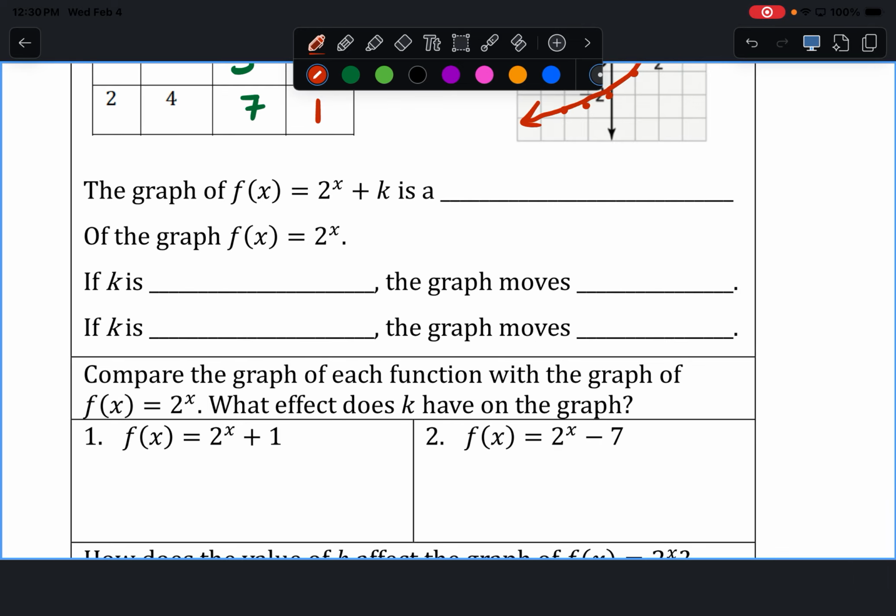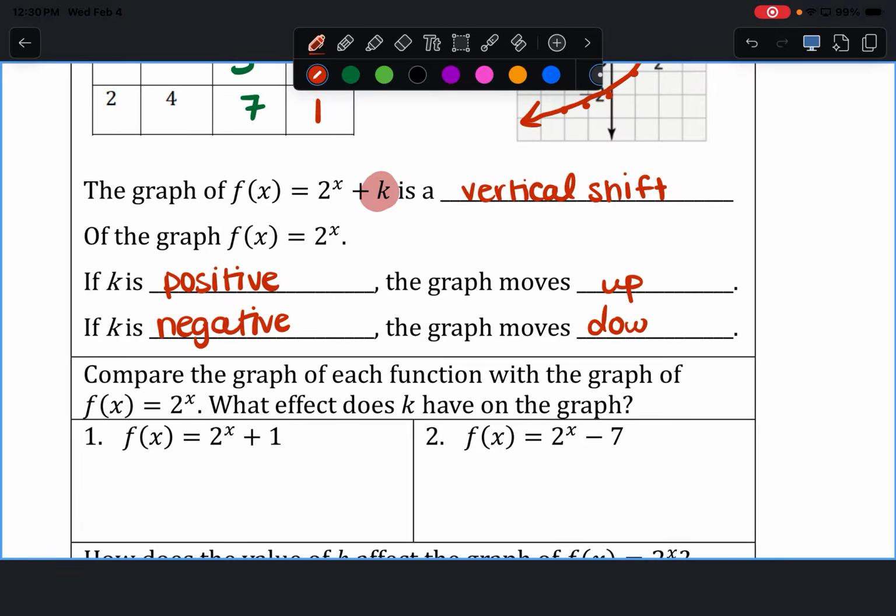So the graph of f of x equals 2 to the power of x plus k. Plus k is a vertical shift. And if k is positive, it moves the graph where? If k is negative, it moves the graph down. And then we're going to do 2 examples of these.